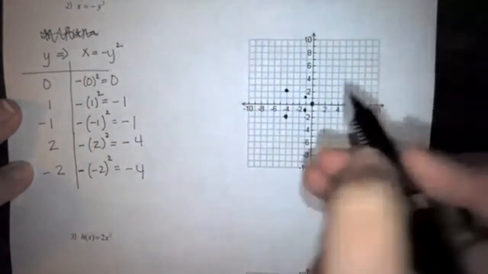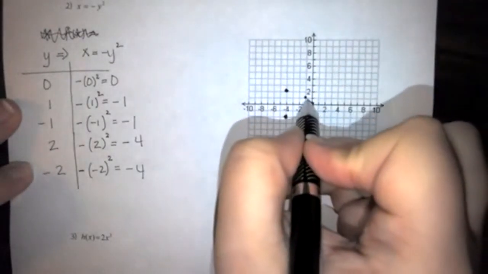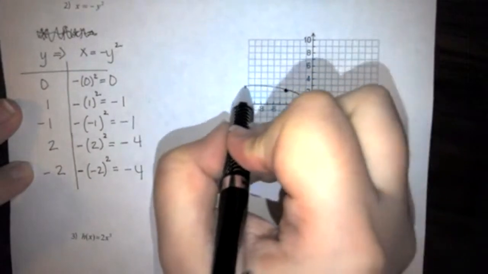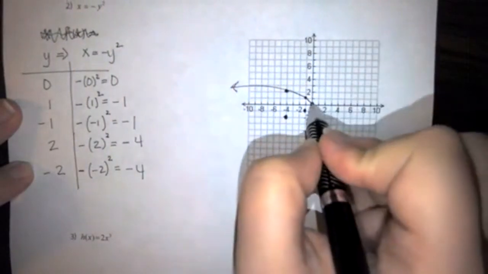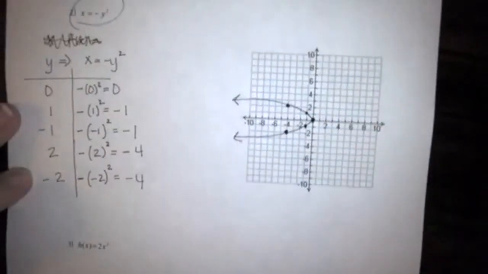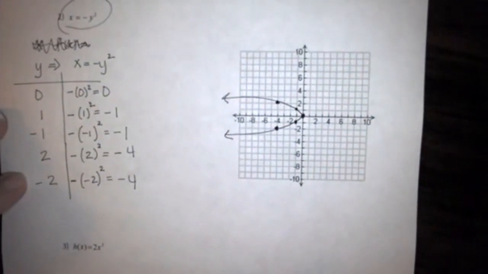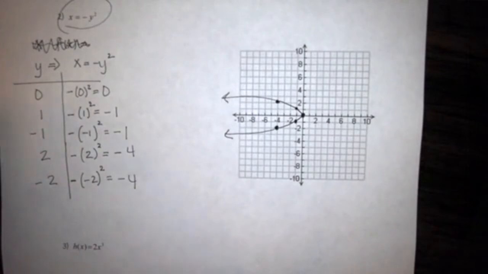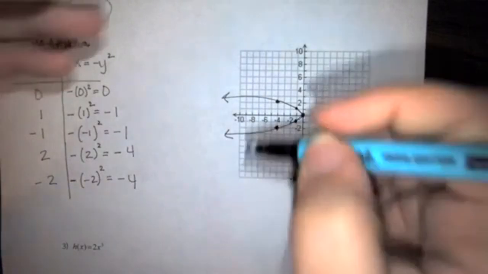Okay. So if you look, it should be clear that what we actually have going on here is this parabola-like shape. And this should make a lot of sense because, after all, this right here is a quadratic equation. It's x equals negative y squared. Now, in order to answer the question, is it a function, remember your vertical line test.